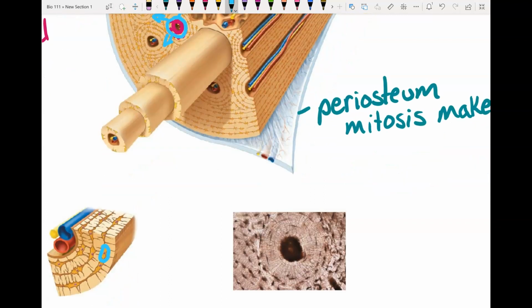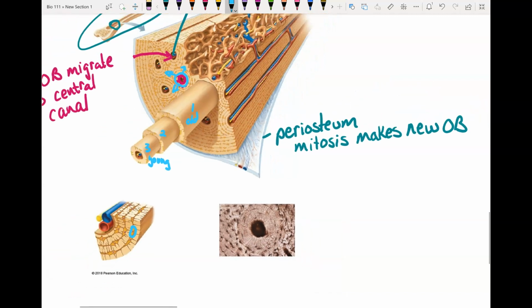And here you can kind of see this would be like generation 1, 2, 3, with 1 being the oldest generation in this picture and 3 being the youngest because it's closest to the central canal. These circles, these generations, are called lamellae.